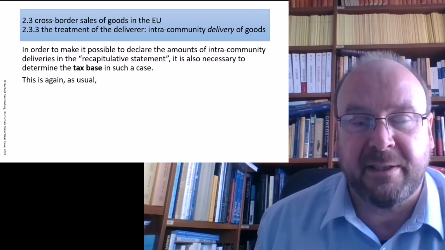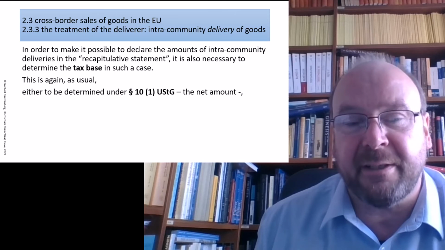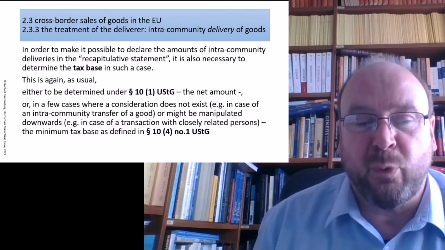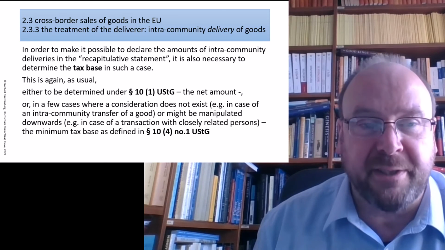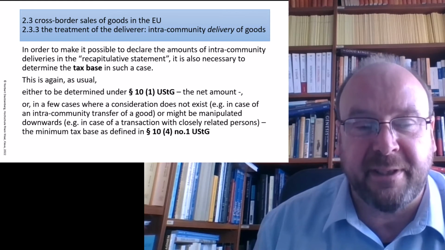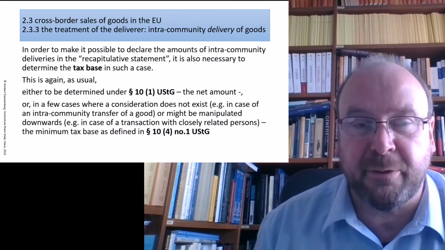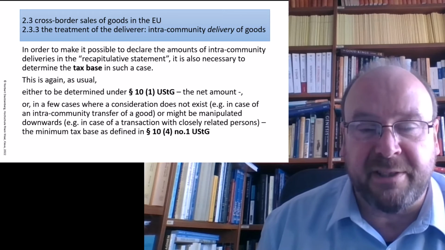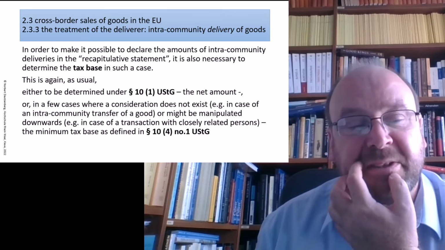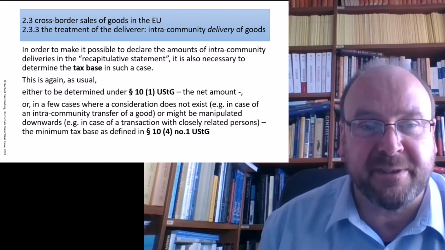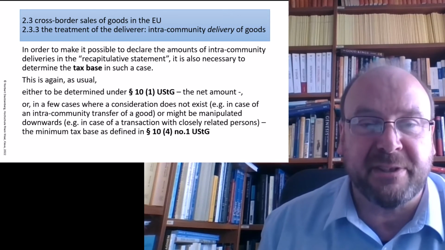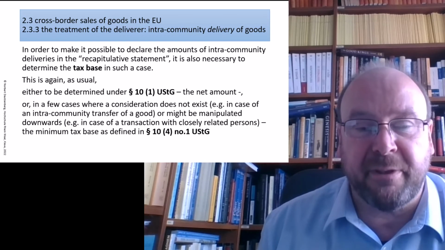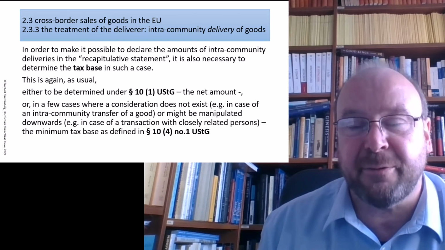This is again, as usual, either under 10.1, the net amount, or in very few cases, where a consideration or a price does not exist, for example, in case of intra-community transfer of a good where the good is not really sold, or where the price might be manipulated downwards. For example, if you sell something cross-border to a subsidiary or another closely related person, then it might be the minimum tax base under 10.4 number 1.